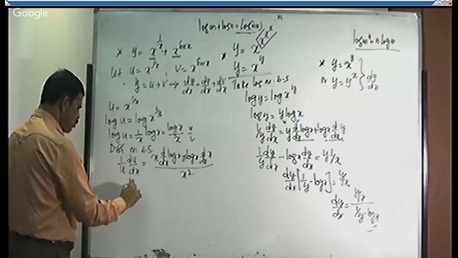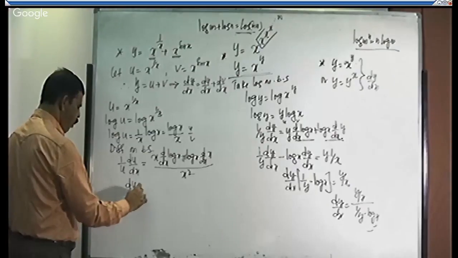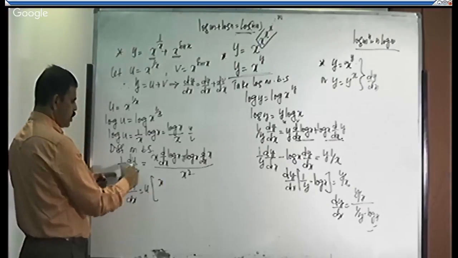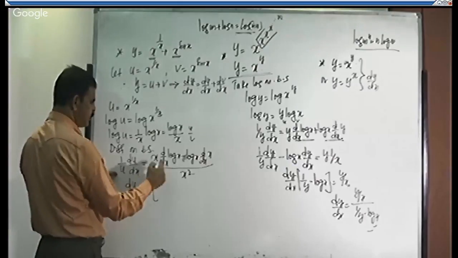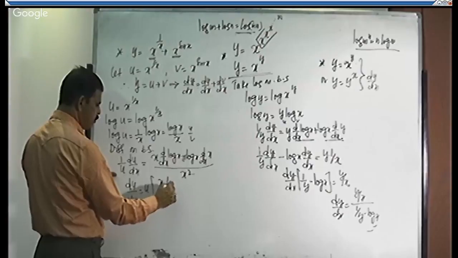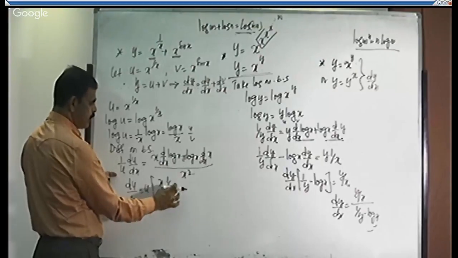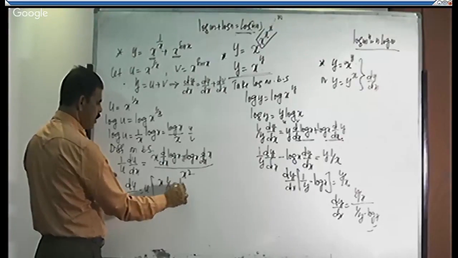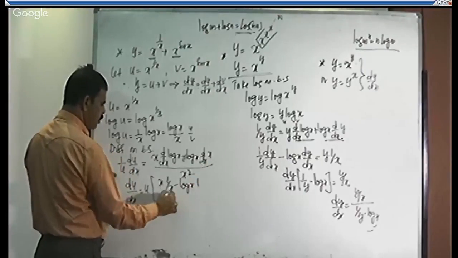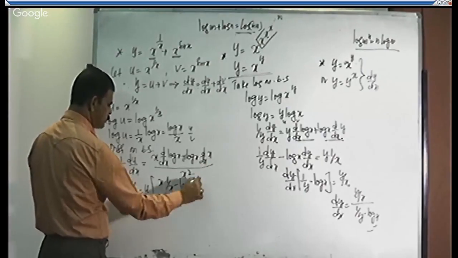Or du by dx is equal to u into that, since we have taken u to the numerator of the other side. Keep x as it is. Differentiation of log x is 1 by x, minus log x into differentiation of x, which is 1, all divided by x square.